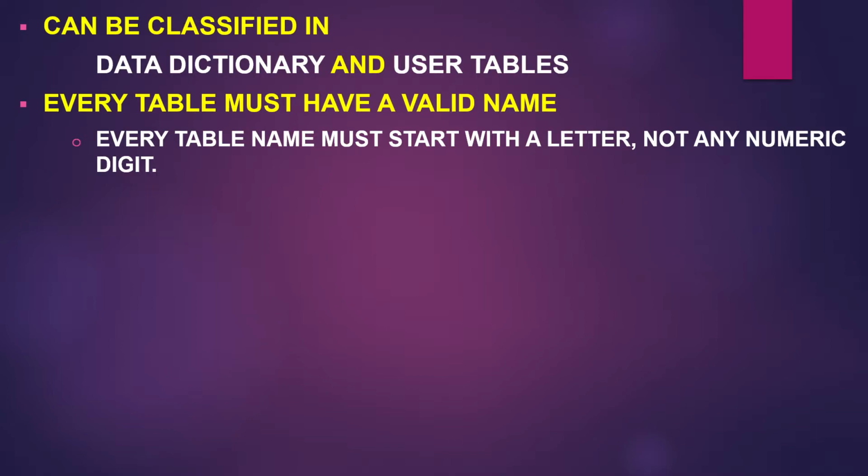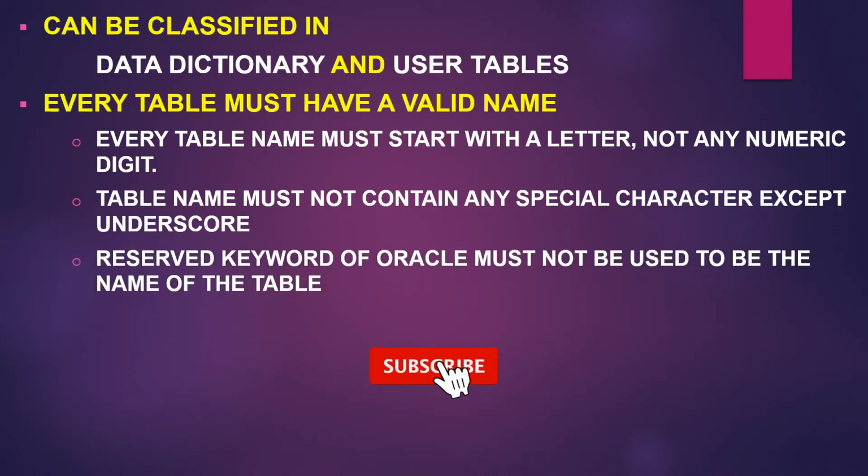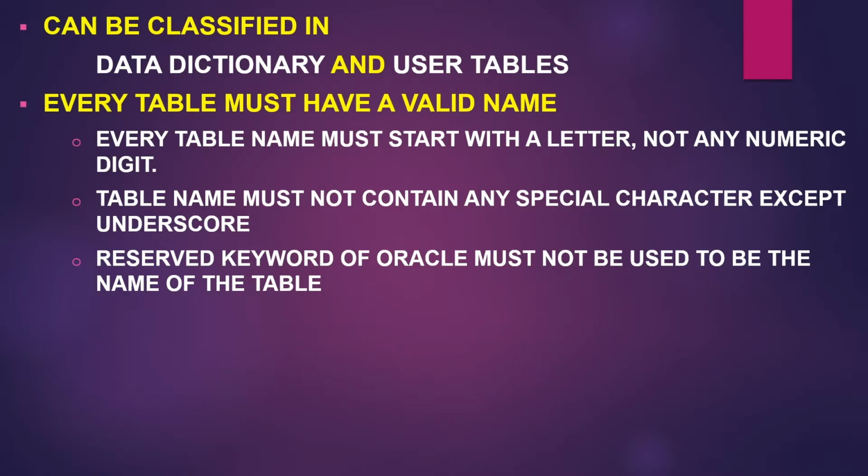Means every table name must start with a letter, not any numeric digit. Table name must not contain any special character except underscore. Reserved keywords of Oracle must not be used as the name of the table.